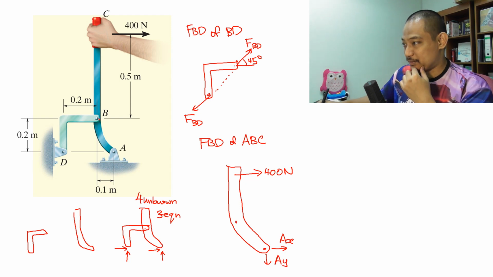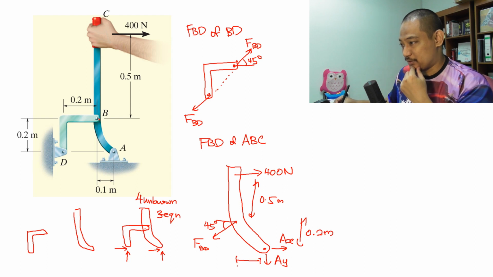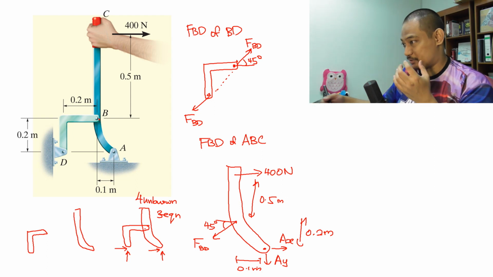Here at point B this will be this direction, FBD, and then you have 45 degrees, right? And also you have to put all the dimensions, of course. So you have 0.5 meter and another 0.2 meter, right? And then this one is 0.1 meter. Okay, sorry for the messy handwriting because the positioning of this is not ergonomic enough.